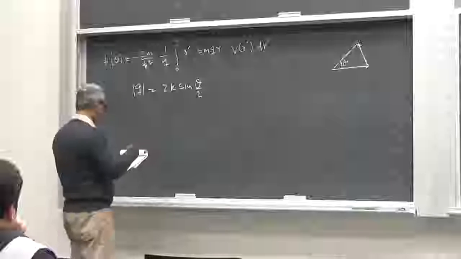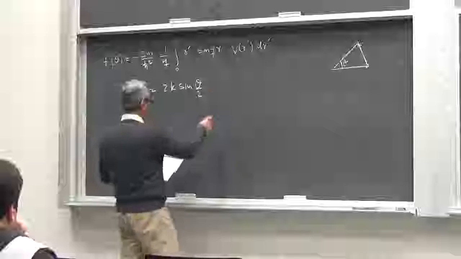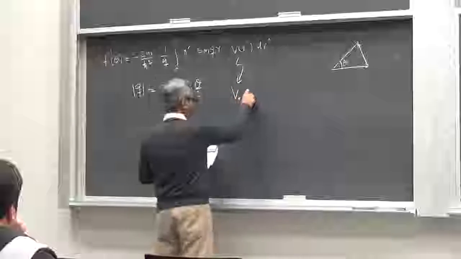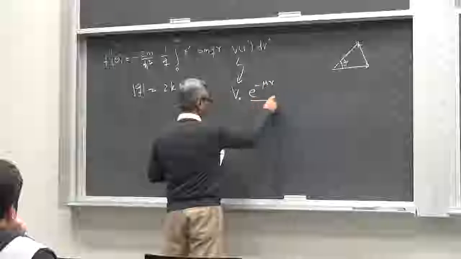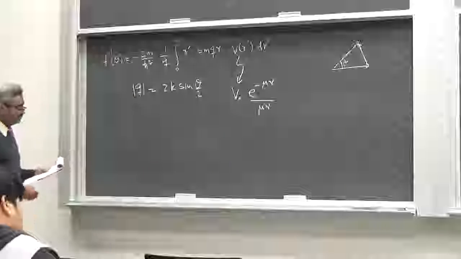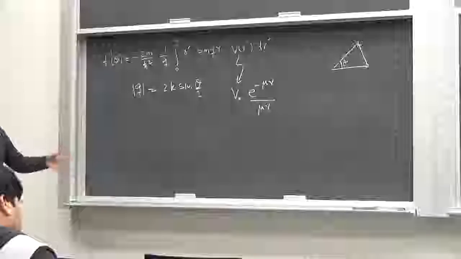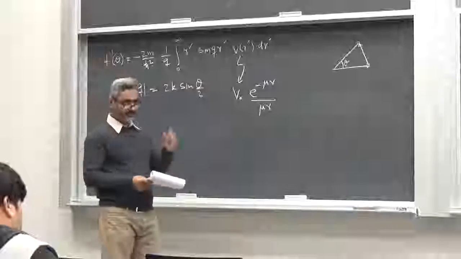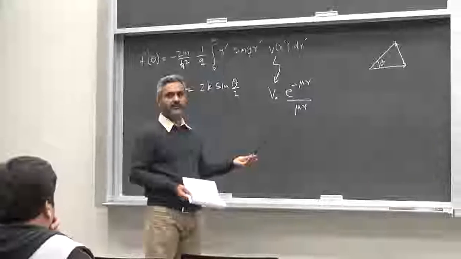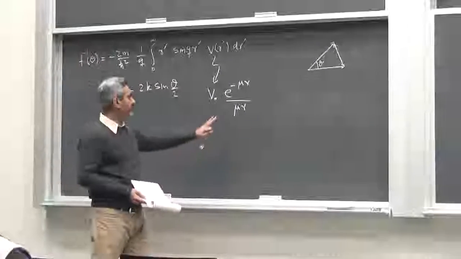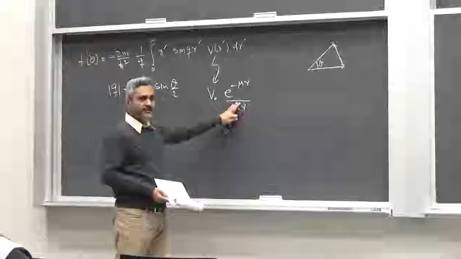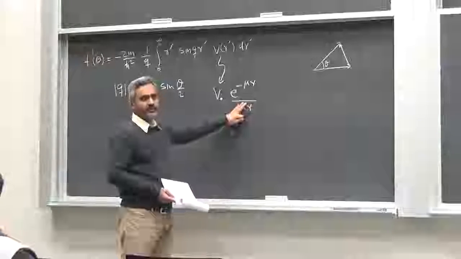Okay, so now let's take an example. Let's take this V of R to be V naught e to the minus mu R over mu R. This is a very special type of potential. If you forget this, for mu equal to 0, this is the Coulomb potential.